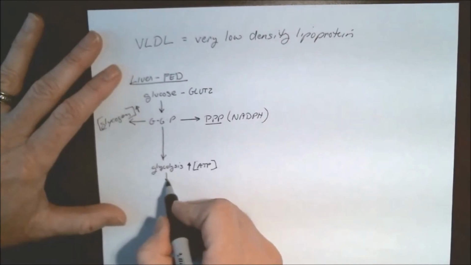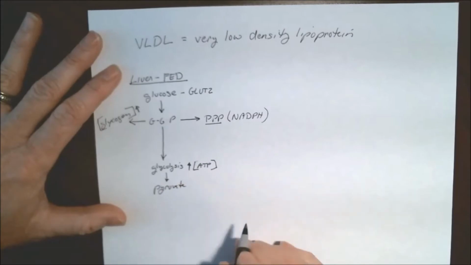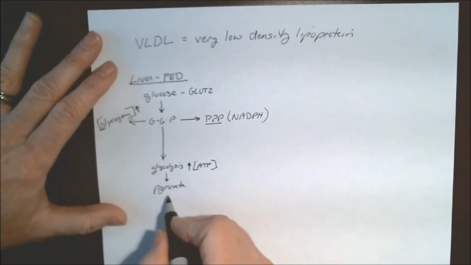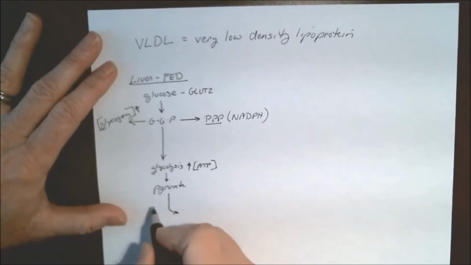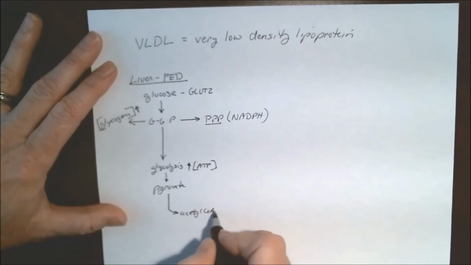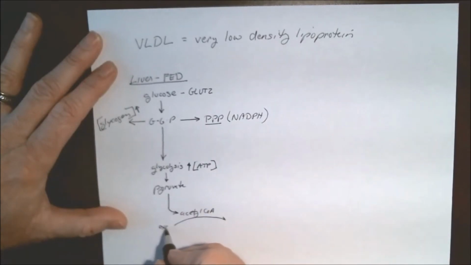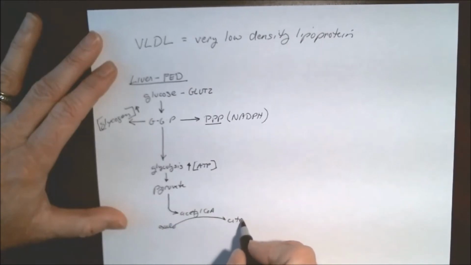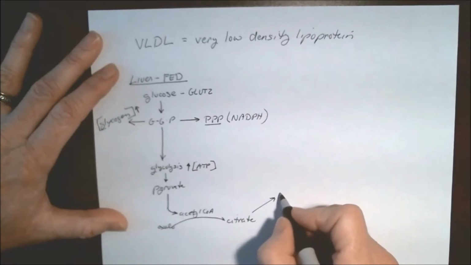And so this is where we will end up with our pyruvate at the end of glycolysis. The pyruvate will enter the mitochondria. It will form acetyl-CoA, which will combine with oxaloacetate, forming citrate.